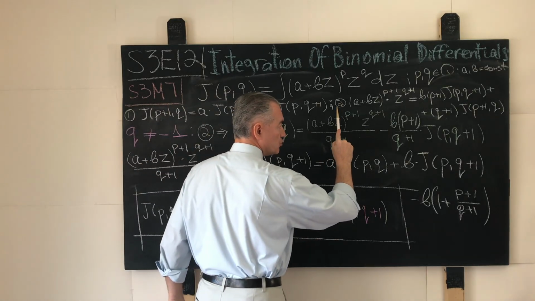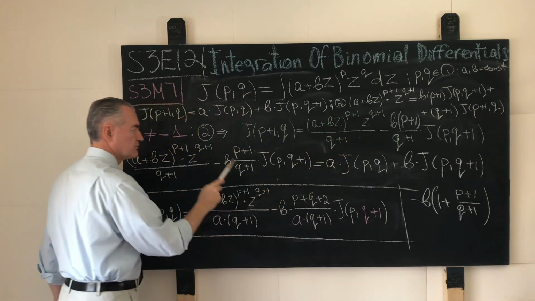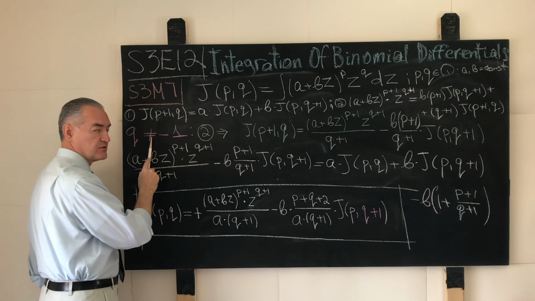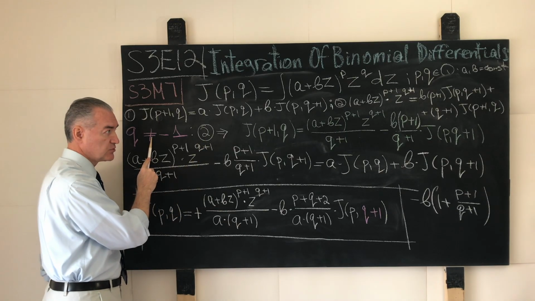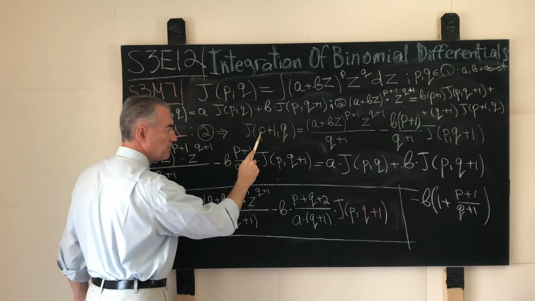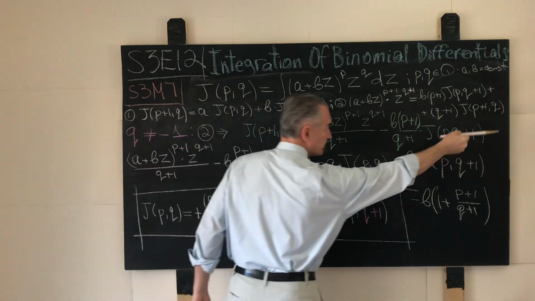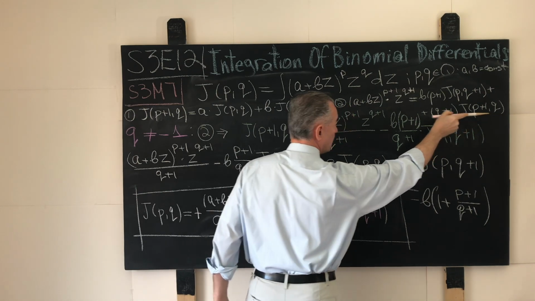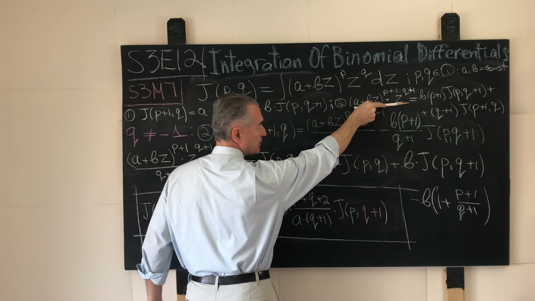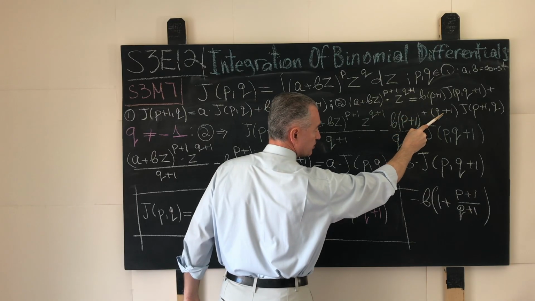From equation number two, look at this. From equation number two, under the assumption that the number q is distinct from -1, we express the integral J(p plus 1, q). Is this integral? This is a trivial task. We take our summand shown on the left-hand side of the equal sign divided by q plus 1.